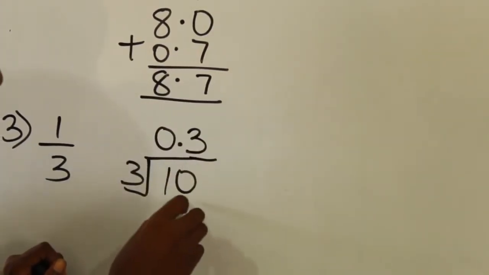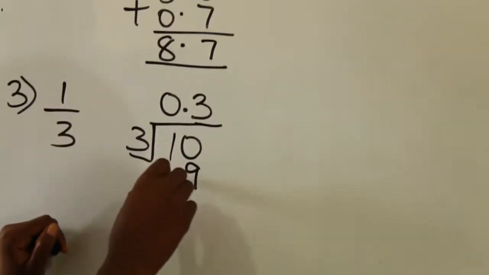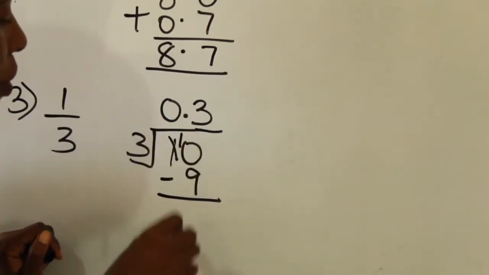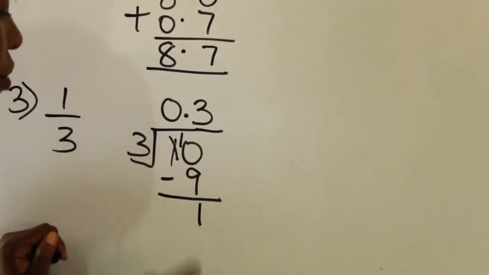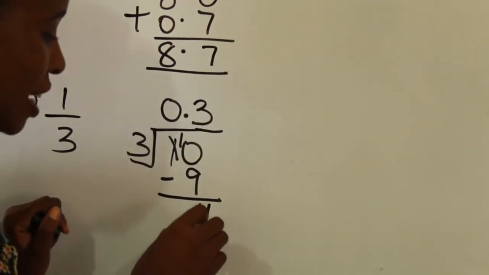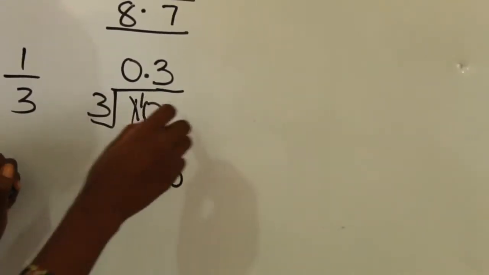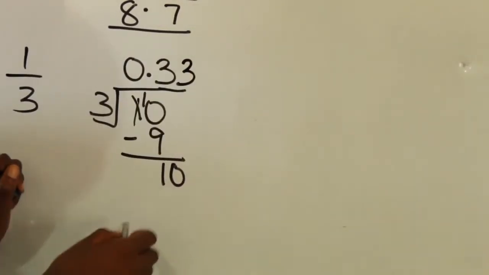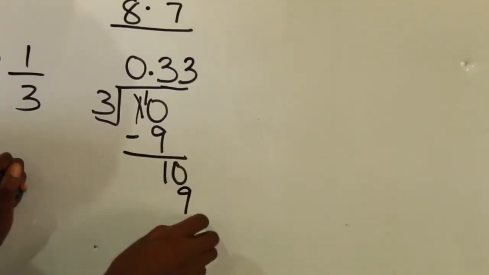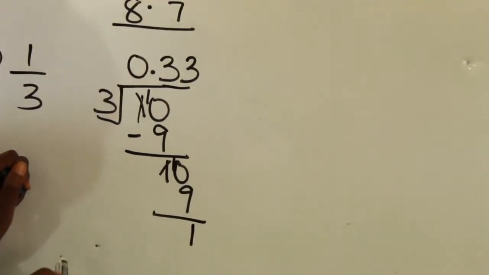3 times 3 is 9. And 10 minus 9, borrow from 1, add it up here. 10 minus 9 is 1. With the decimal point that I already have, I can still add a 0 here. 10 divided by 3 will give us 3 again. 3 times 3 is 9. 10 minus 9, like we did earlier, is 1.